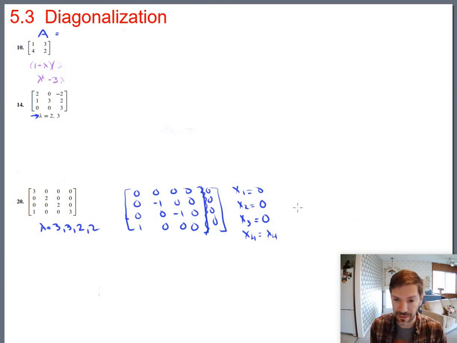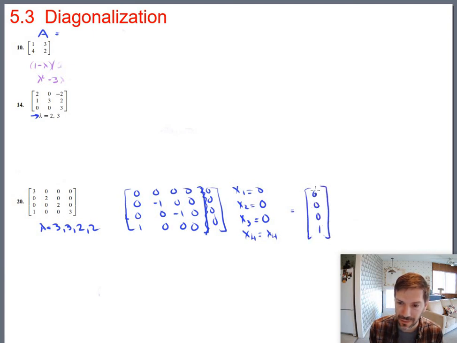So when we factor x4 out of this, we're not just getting the 0 vector, which doesn't even work as an eigenvector. So we are getting an eigenvector, 0, 0, 0, 1. But notice we're only getting one eigenvector. And we needed 2.